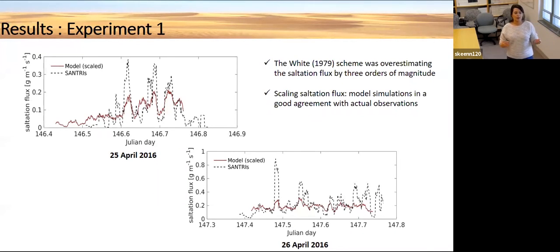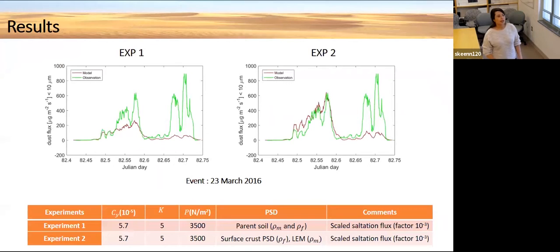This is why we tried to scale saltation flux and then use the scaled saltation flux for running Shao's scheme for the second experiment. In the second experiment, we used parent soil minimally and fully dispersed particle size distribution while we have a scaled saltation flux, and we tried to modify scheme parameters to get a better timing and magnitude of dust emission flux.